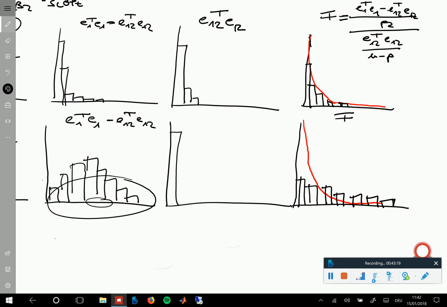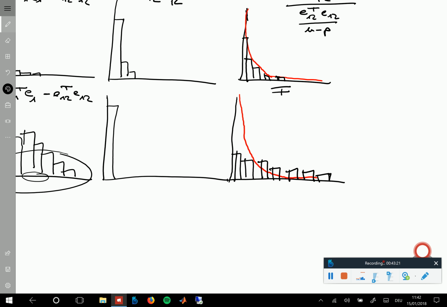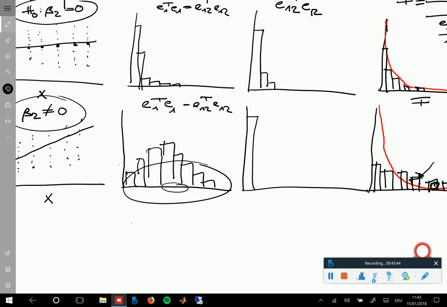This is kind of a case where you would observe something here and then say, here you have much more probability than in the F distribution, so it's likely that you observe something here, and then you would say, okay, observing this is actually quite unlikely under the F distribution or something more extreme, so maybe the null hypothesis is not true.